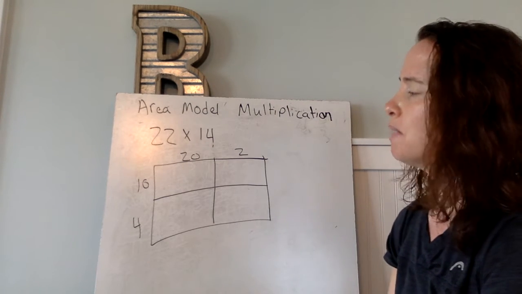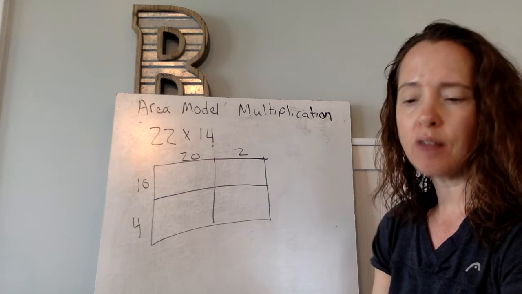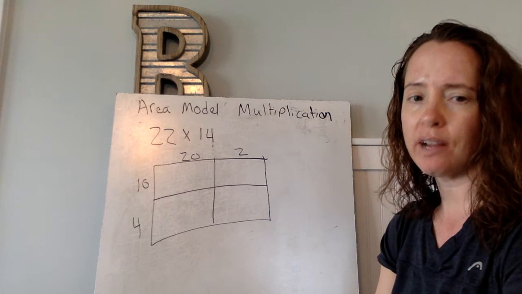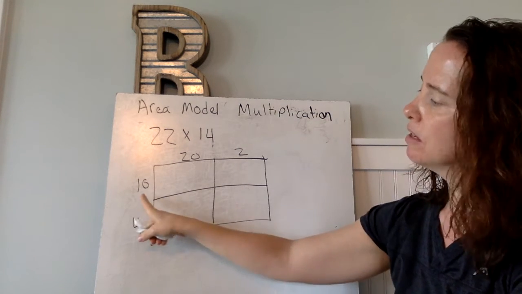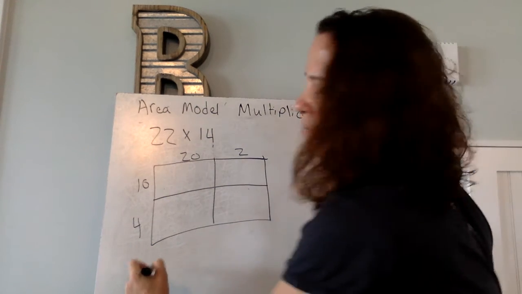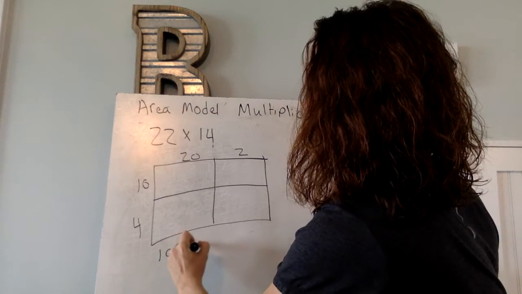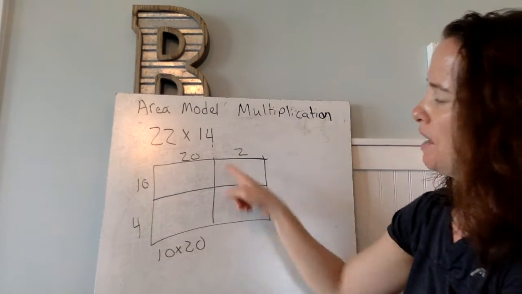Now here's what I mean by expression. That just means which 2 digits are we going to multiply together to find the product of each rectangle. So for example, again, I'm going to start with my width, 10 times 20. That's how I would write that as an expression. Then I'm going to do 10 times 2.